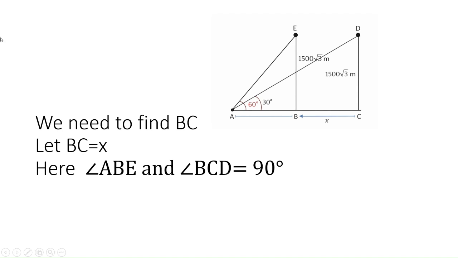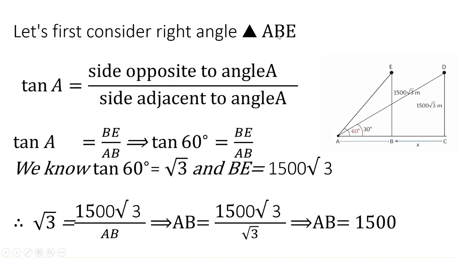So now we have two triangles, triangle ABE and triangle ACD. Both are right angle triangles. Now we are going to take the first angle of elevation, 60 degrees, and find out the initial distance. When we consider the right angle triangle ABE, tan A is nothing but tan 60, because the initial angle of elevation is 60 degrees.